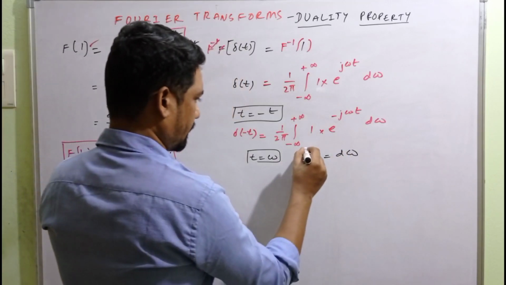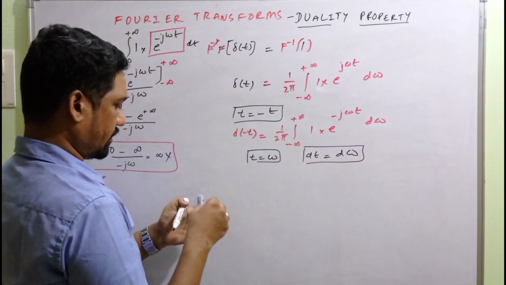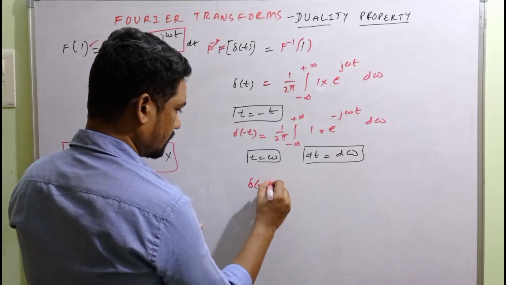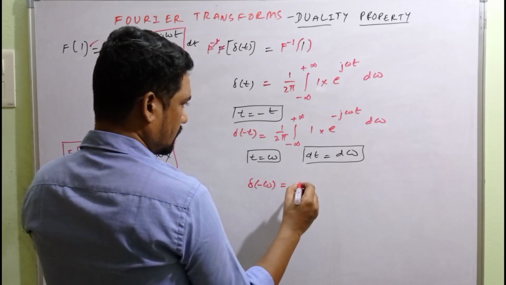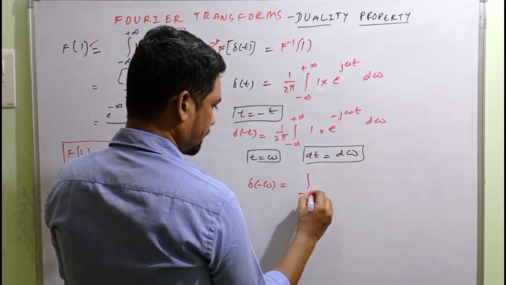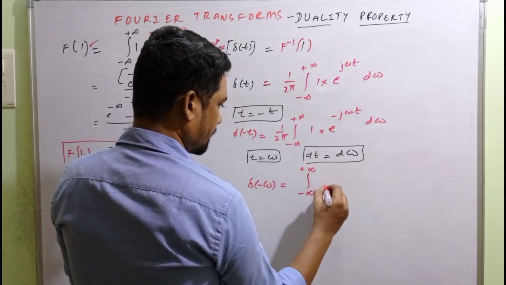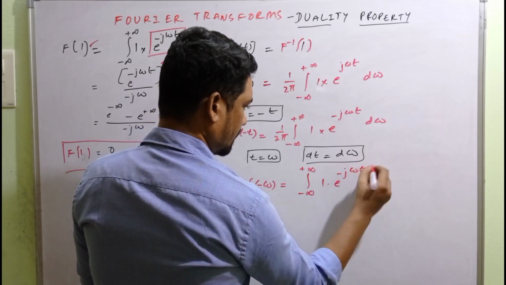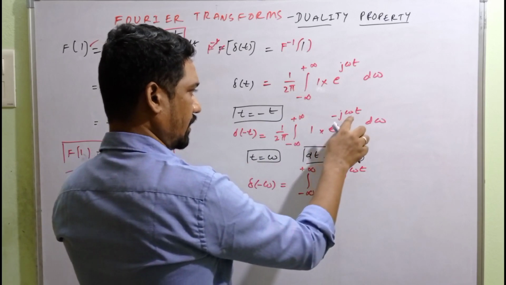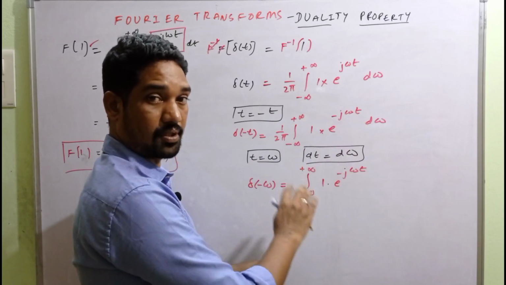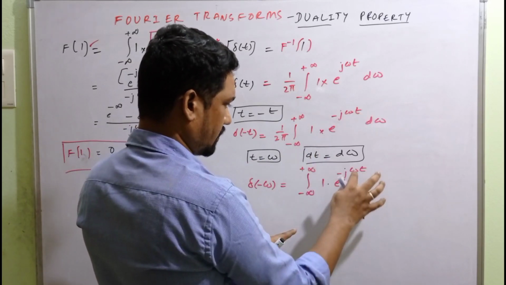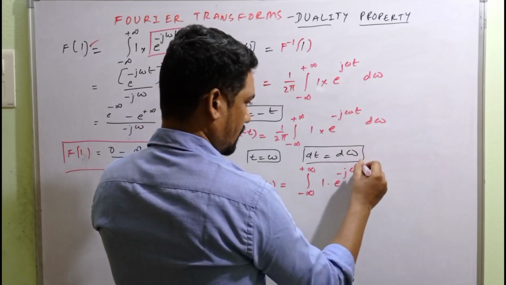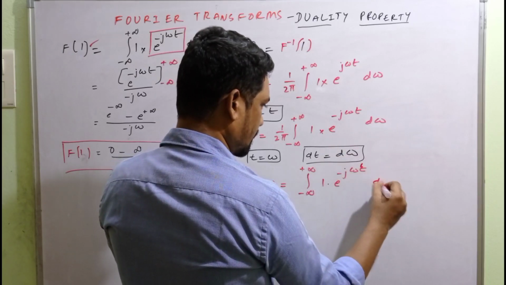That gives me delta of minus omega, which will be equal to integral minus infinity to positive infinity 1 into e raised to minus j omega t. We have t equal to omega, we have both over here, so that isn't a big deal, don't get confused. Nothing changes over here. Plug in omega equal to t, that will be reversed, and d omega becomes dt.